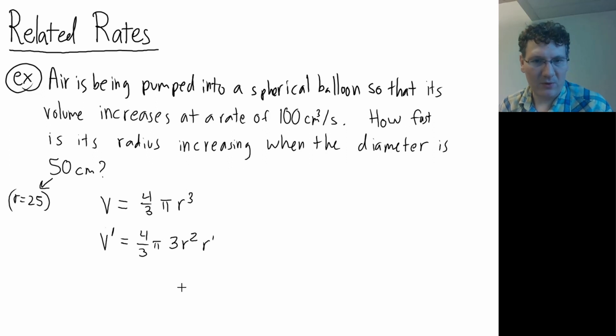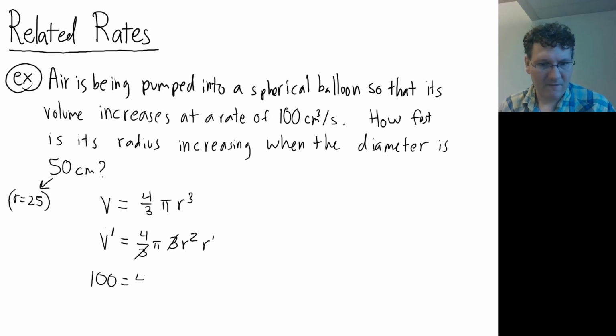We can cancel these 3's, and what we're trying to find is when V prime, the volume, is increasing at a rate of 100 cubic centimeters per second. So we can plug that in, 100 for the rate of the volume increasing.